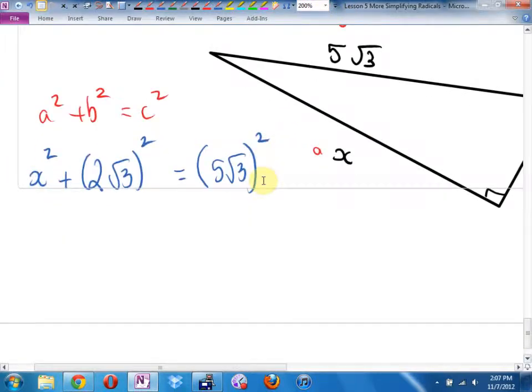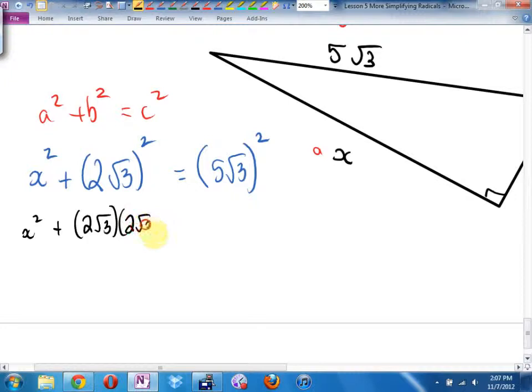Remember I said I'm going to get a little paranoid here because this is a weird one. I'm going to go really, really basic. What does squared mean? I'm going to write that out because I'm not quite sure what to do. So I'm going to go x squared plus, and I'm going to write 2 root 3 times 2 root 3, because that's what squared means. Equals 5 root 3, 5 root 3.